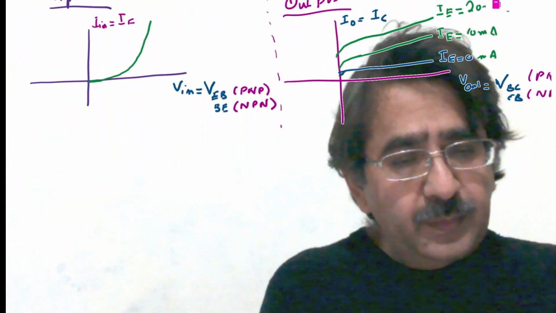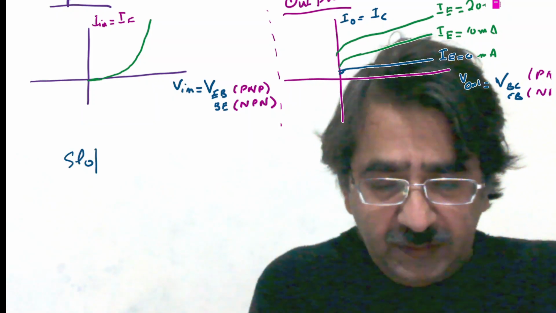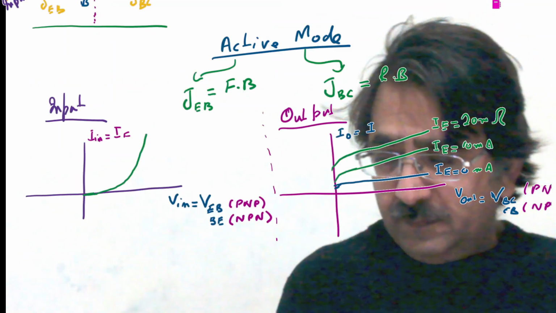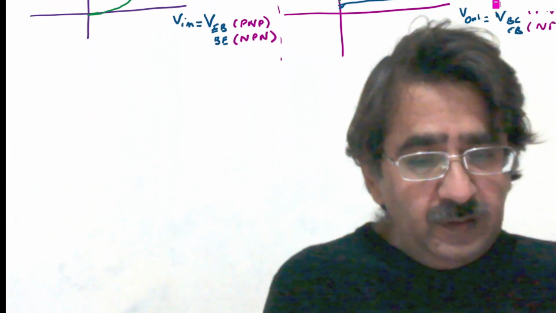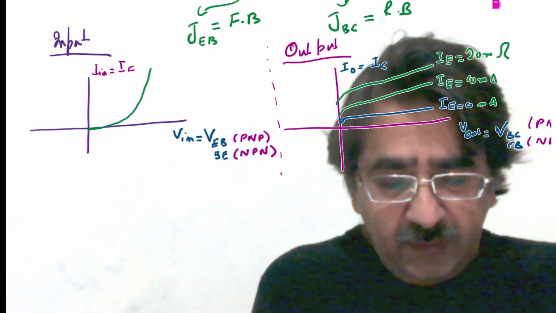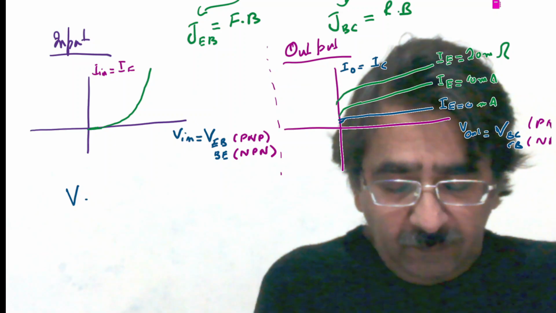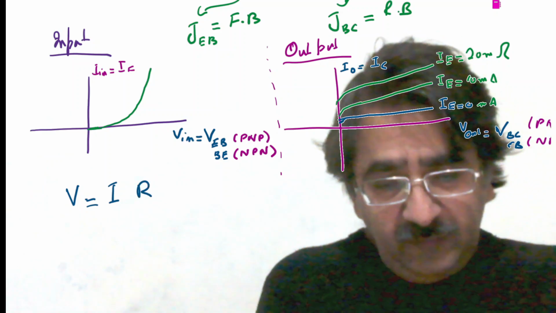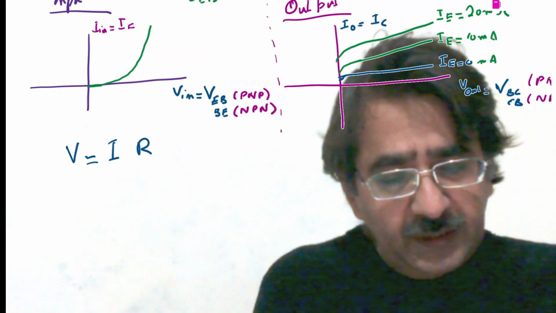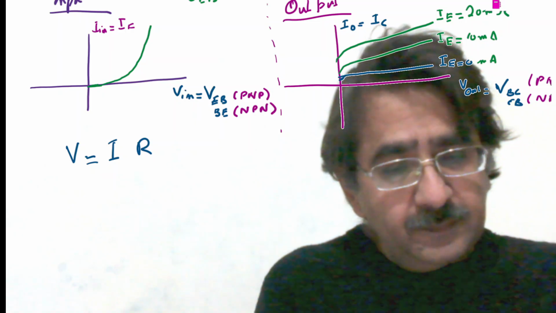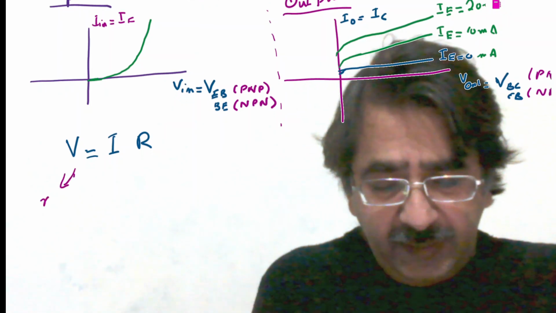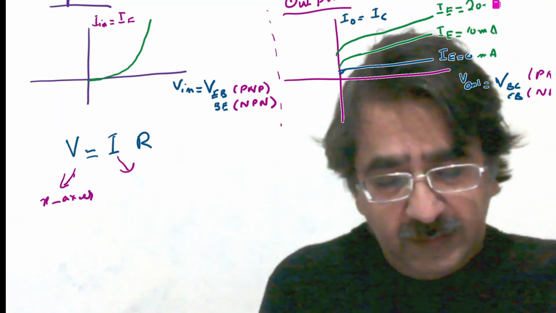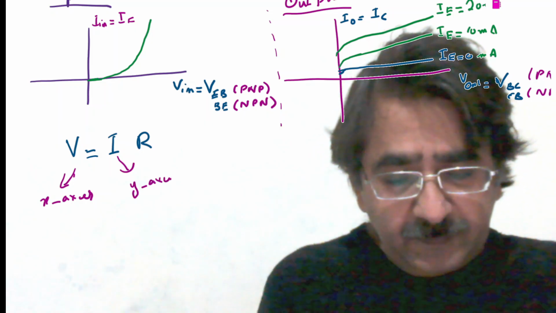As we know that V equals IR, in an IV diagram, a current-voltage diagram, V is along the x-axis and I is along the y-axis.